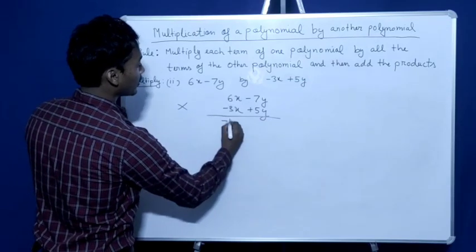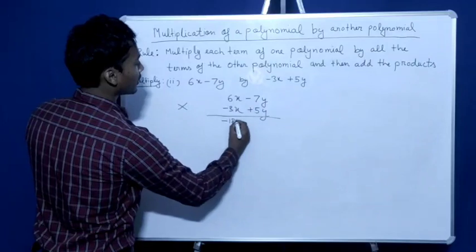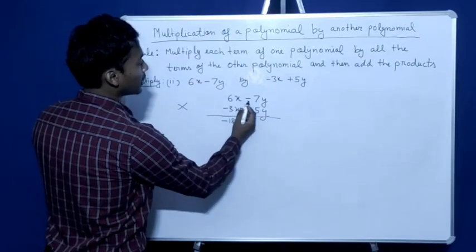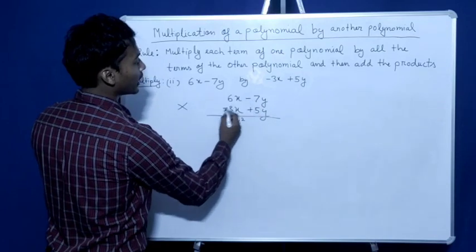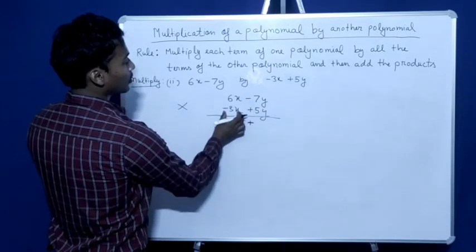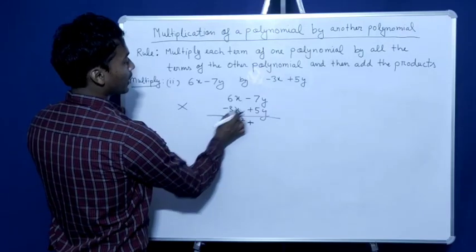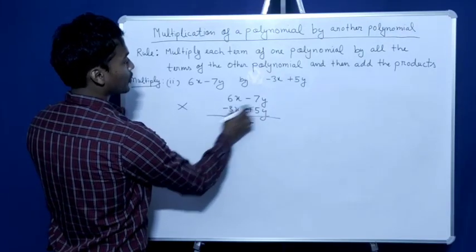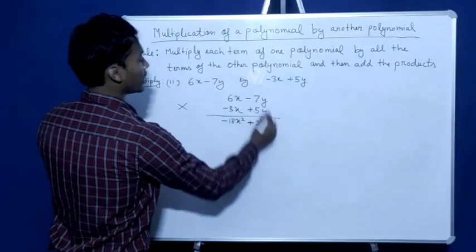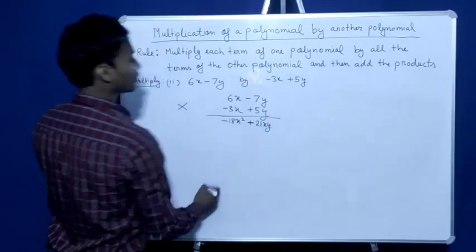So 3 6s are 18, x times x gives you x square. Then negative 3x multiplied by negative 7y, negative and negative will give you positive. Okay, so after that we can multiply the numerical coefficient. 7 times 3, that is 21. Then x into y will give you xy.